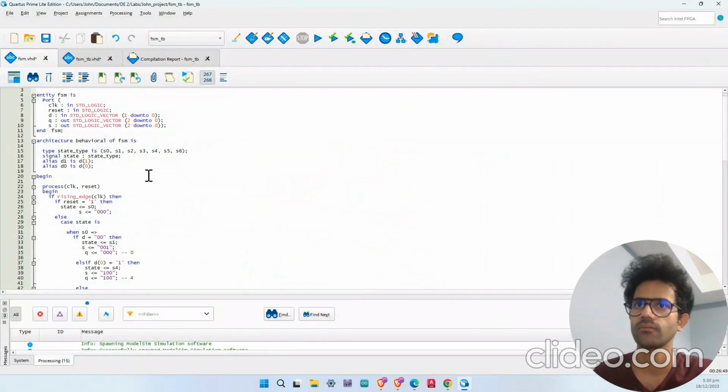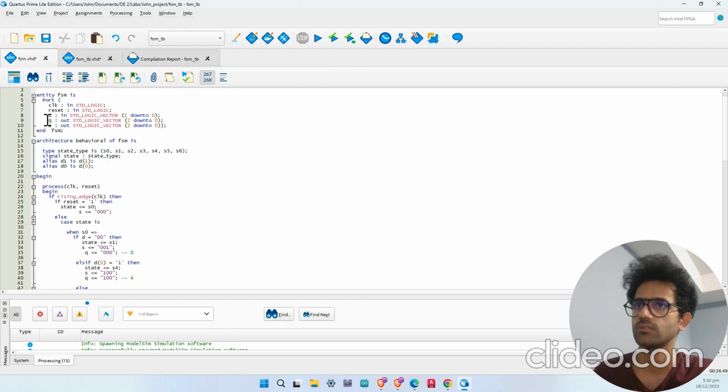So this is the code we wrote for that state diagram. In the entity, we are declaring the input and output ports. We have a clock and reset, which are inputs, and we also have the data, which is defined as a standard logic vector of 2 bits. So we have three inputs: clock, reset, and data.